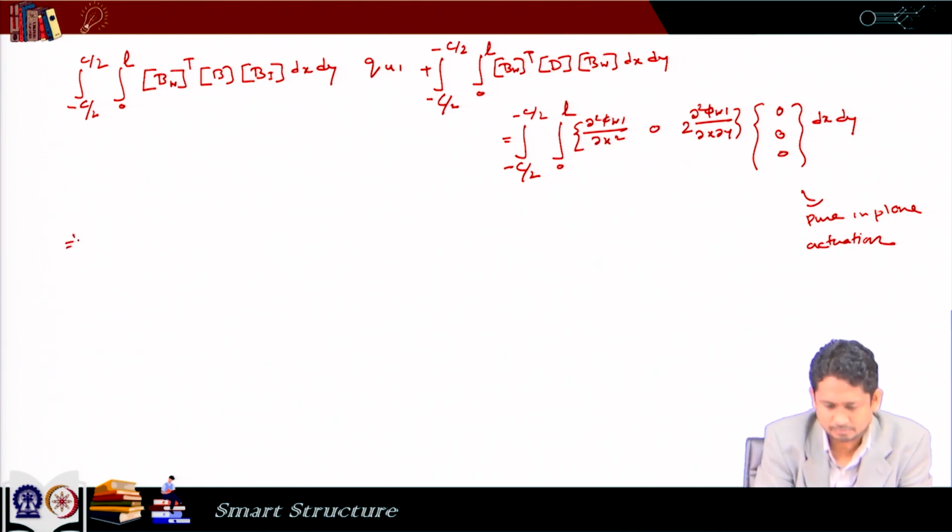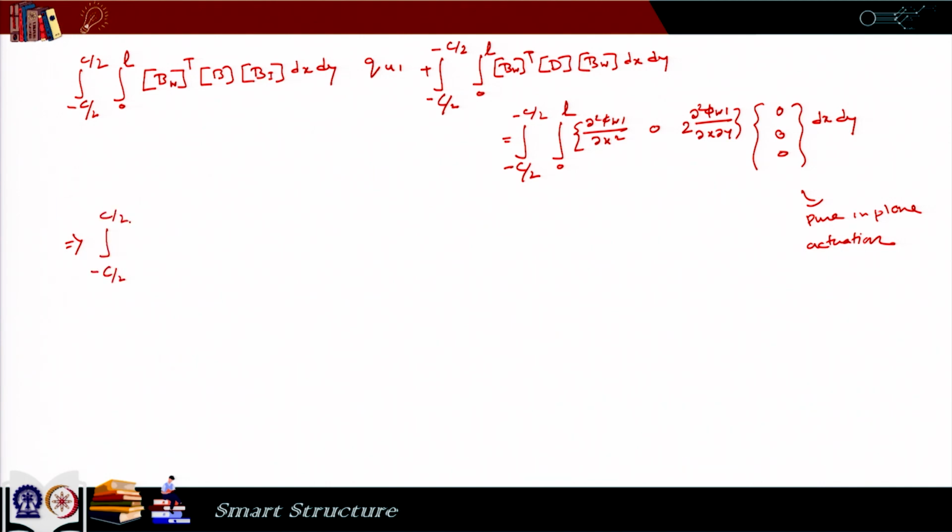Now if these expressions are simplified, this comes to be this 2 phi w1 xy, then we have Bxs phi u1 x dx dy qu1.